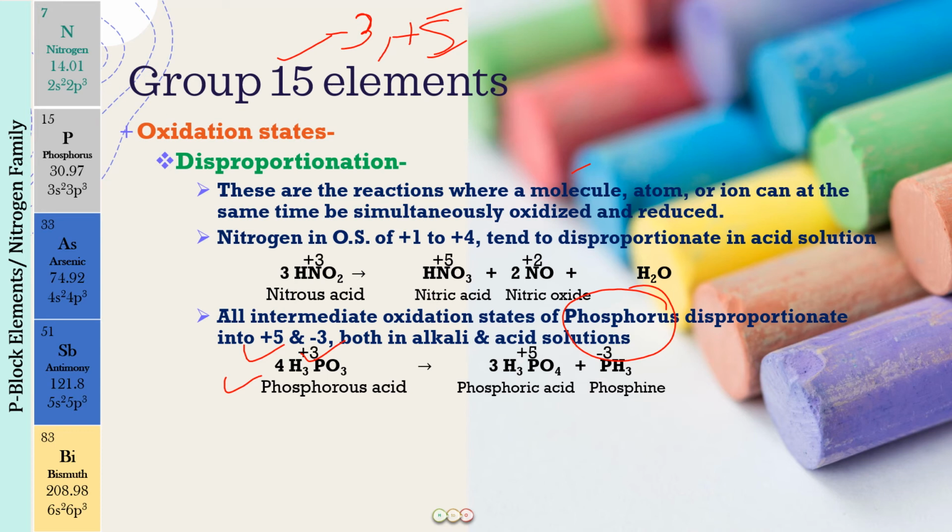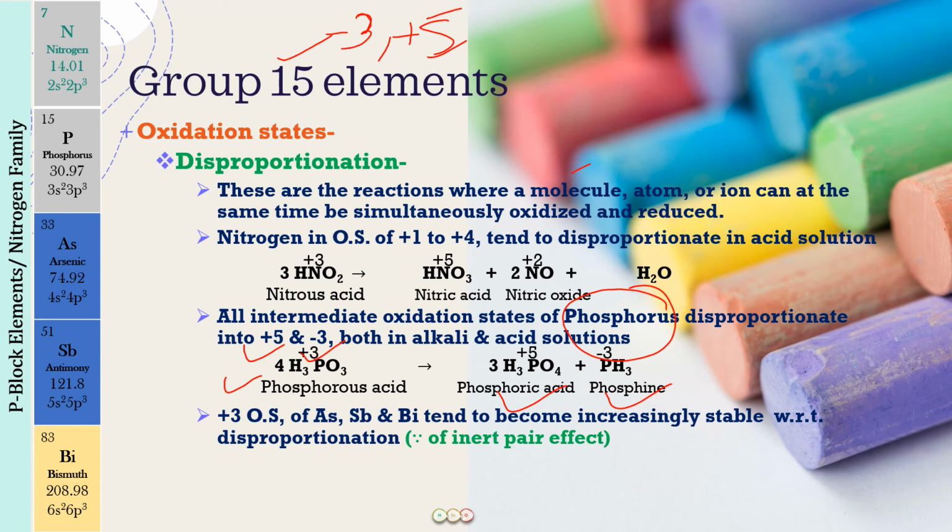When this disproportionates, it forms a compound of the +5 oxidation state, that is phosphoric acid, and simultaneously a compound in the -3 oxidation state, that is phosphine. Clear? I hope it is not going to be difficult for you to remember that we have disproportionation reactions when nitrogen and phosphorus are not in their highest or lowermost oxidation states. Perfectly fine. Good.